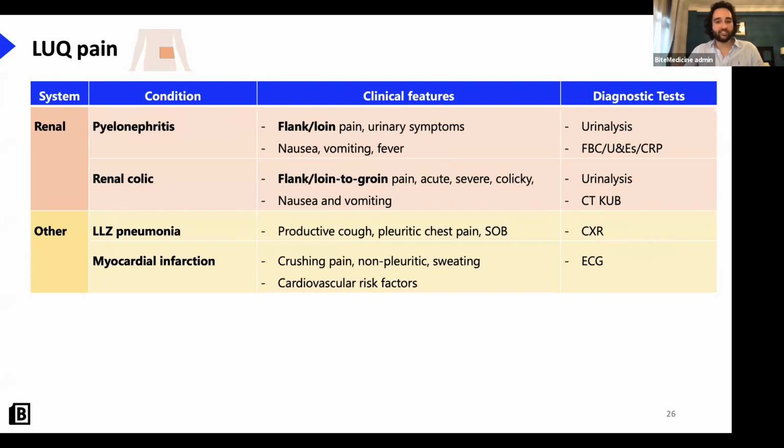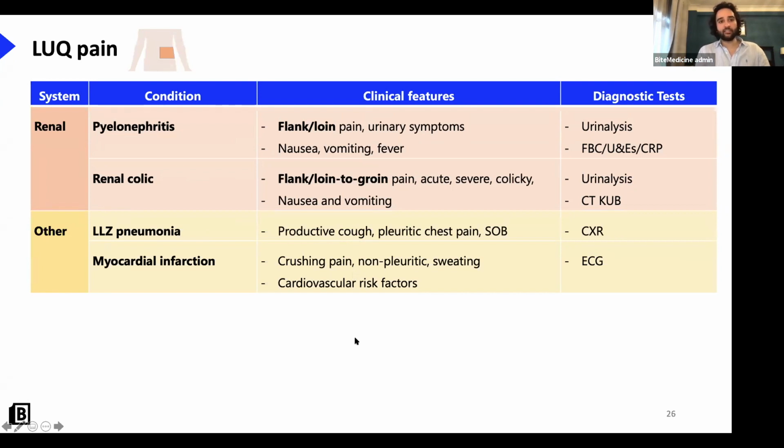Because if you're missing a massive STEMI, for example, because the pain is slightly atypical, that's your license, and that's your name that's going to be on that documentation. So always get an ECG in patients with upper abdominal pain. Really, any patient that's going to be admitted is going to have a baseline ECG anyway, but it's those life-threatening conditions that you really need to look out for and pick up at the front door in A&E.